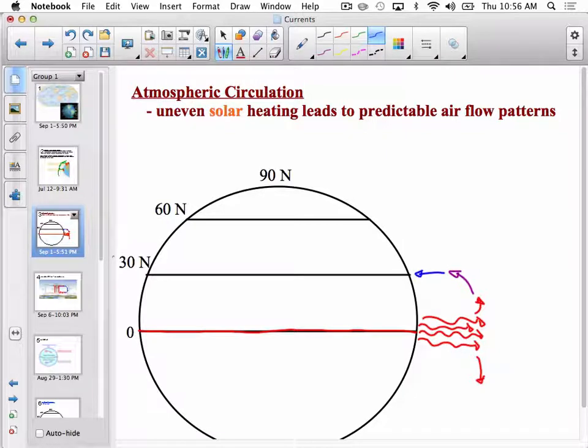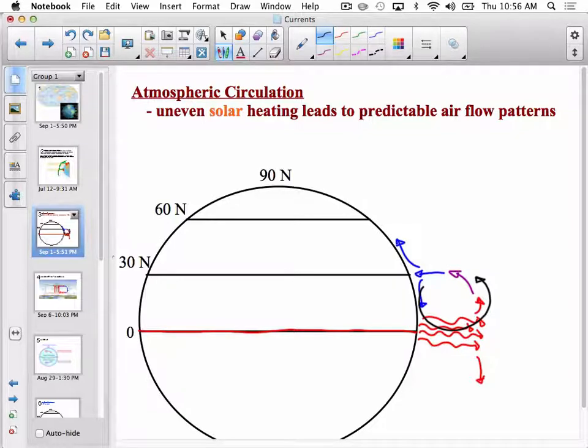Once it hits the surface, it's deflected again because the air can't sink through the ground, so it's deflected north and south at approximately 30 degrees. So we've already created one cell here, with circulation happening in this big cycle from 0 to 30 degrees.